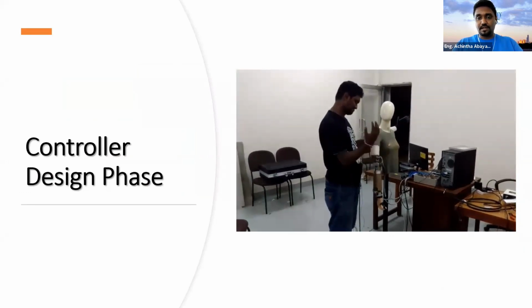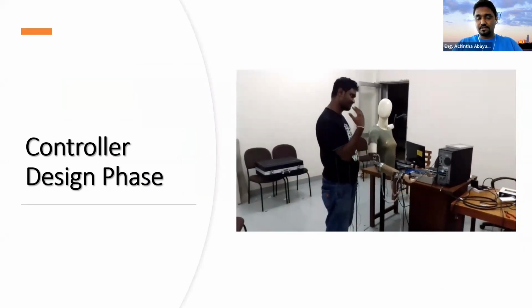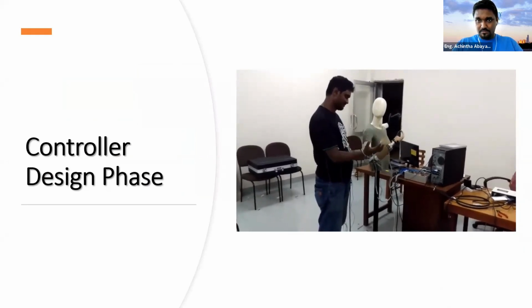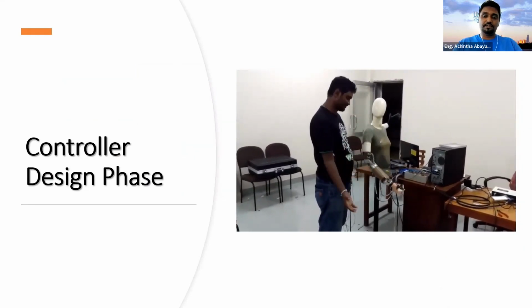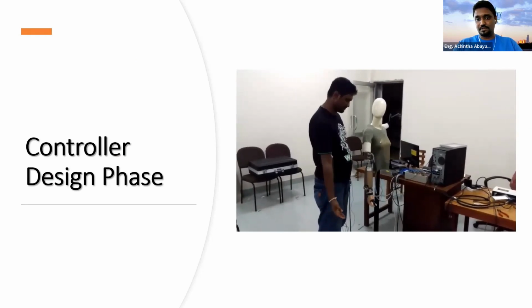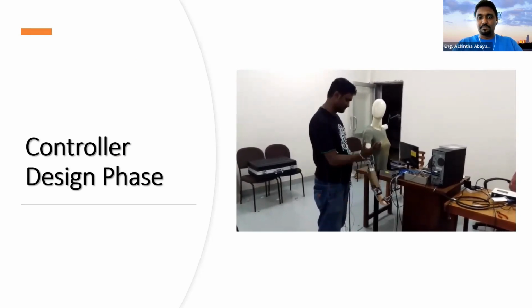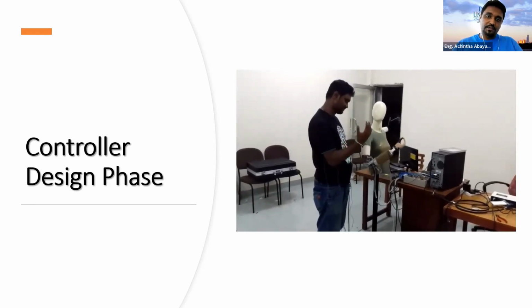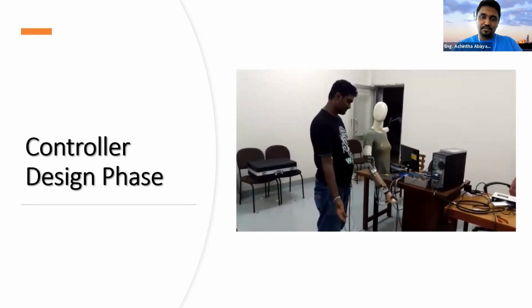So we don't have many muscles from which to extract the muscle signals. What we did was acquire the muscle signals from the biceps and triceps and use them to successfully do the flexion extension motion.